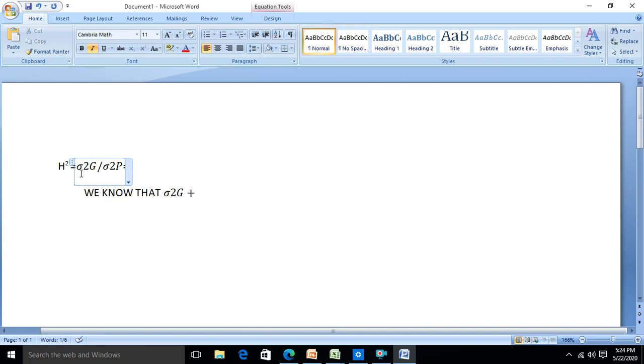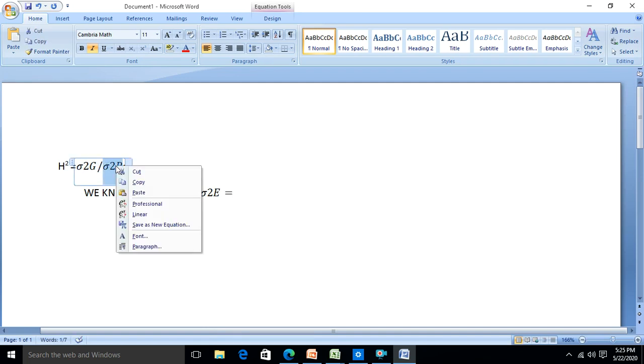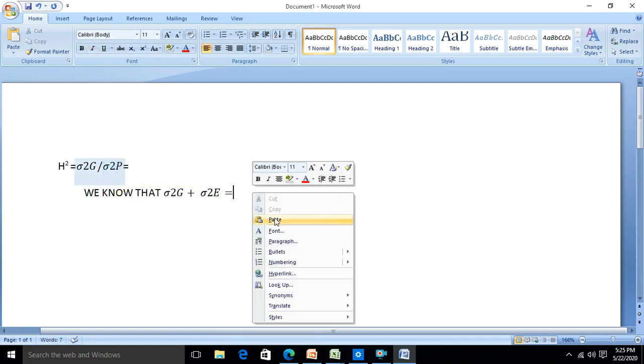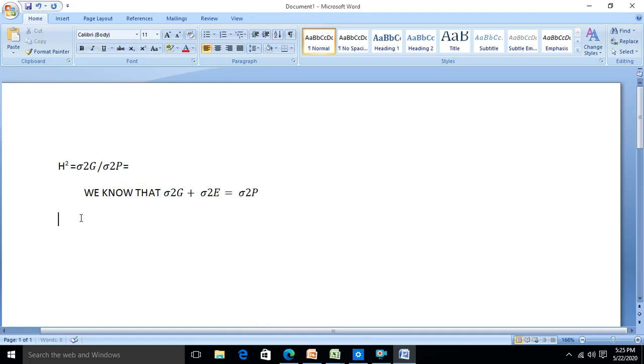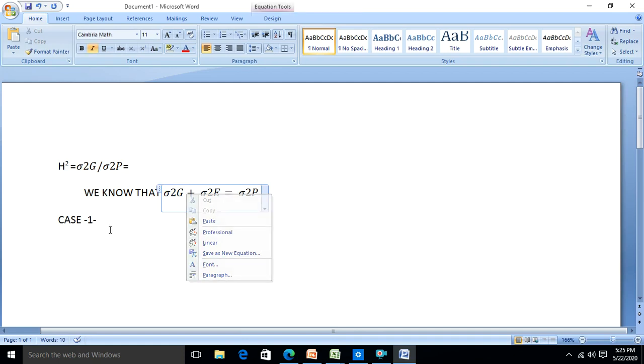It is a bit difficult to put so many notations as is required in genetics, so hope you understand that it has to be read as sigma square g, not sigma 2g. What was case 1? In case 1, you have taken that sigma square g and sigma square p are equal.